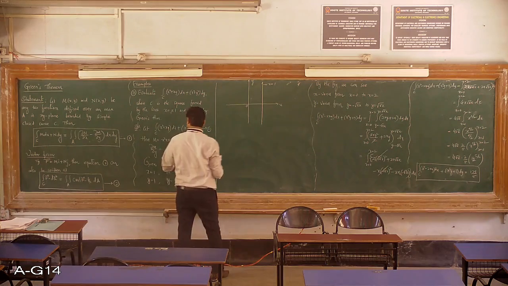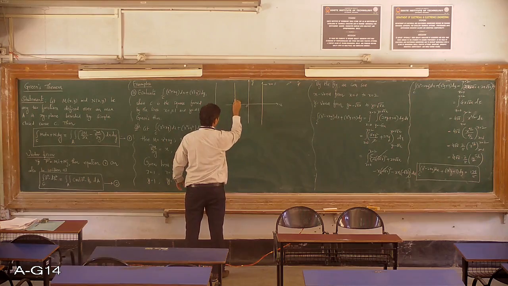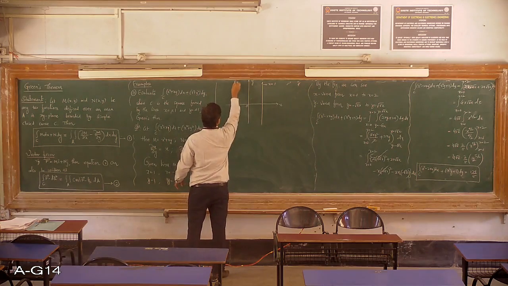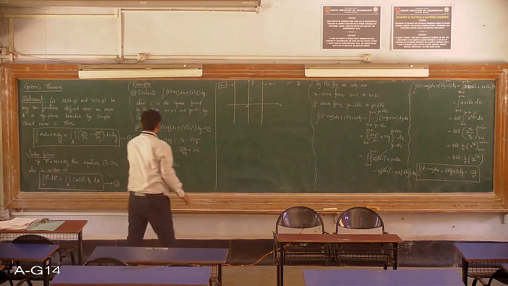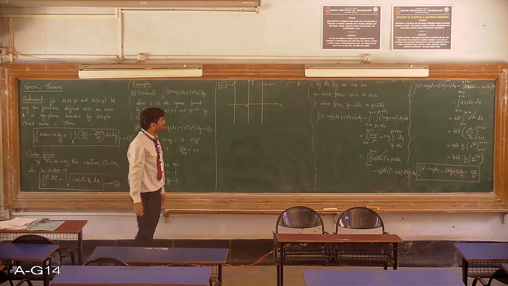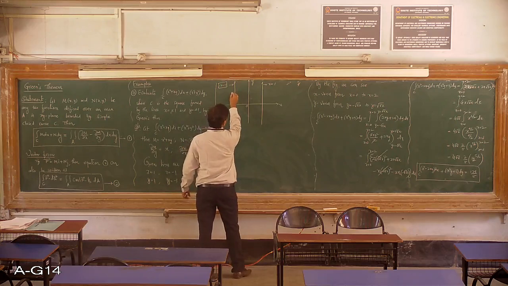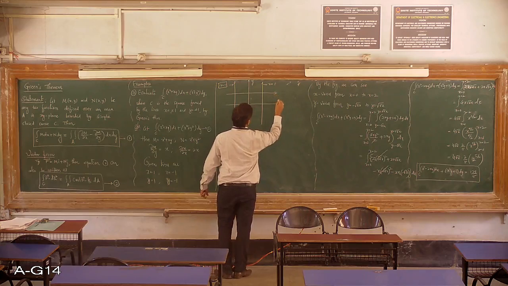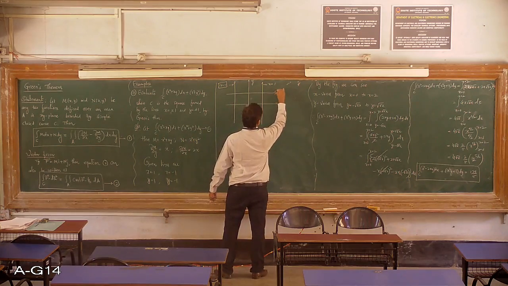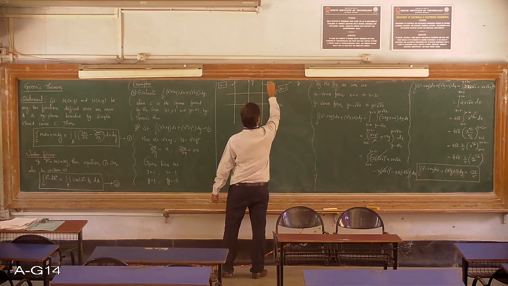Next, x equals minus 1, again parallel to the y axis but at x equals minus 1. Next, y equals 1, a line parallel to the x axis at y equals 1.